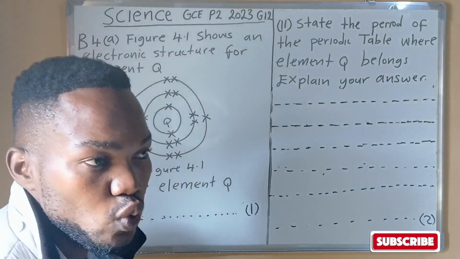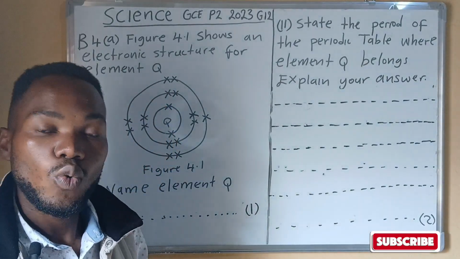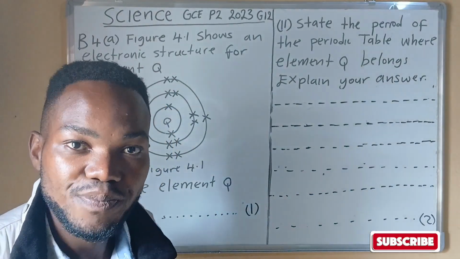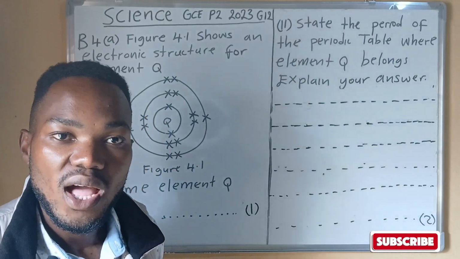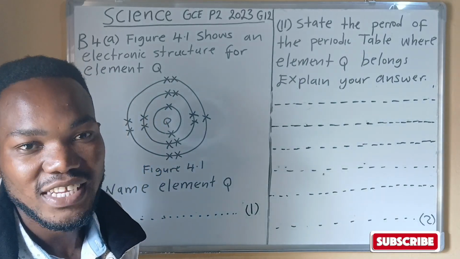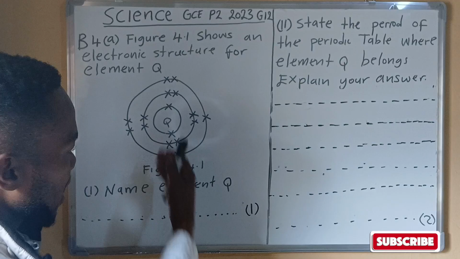For you to name element Q, you have to count the number of electrons in this structure.